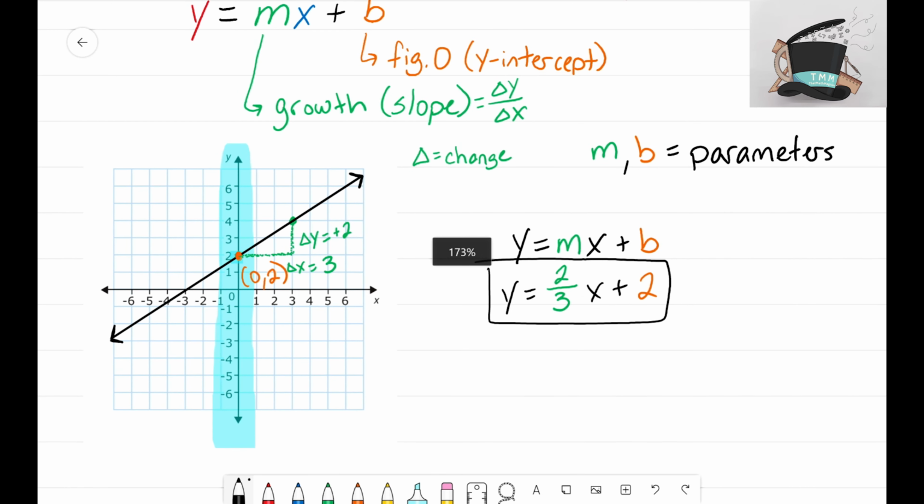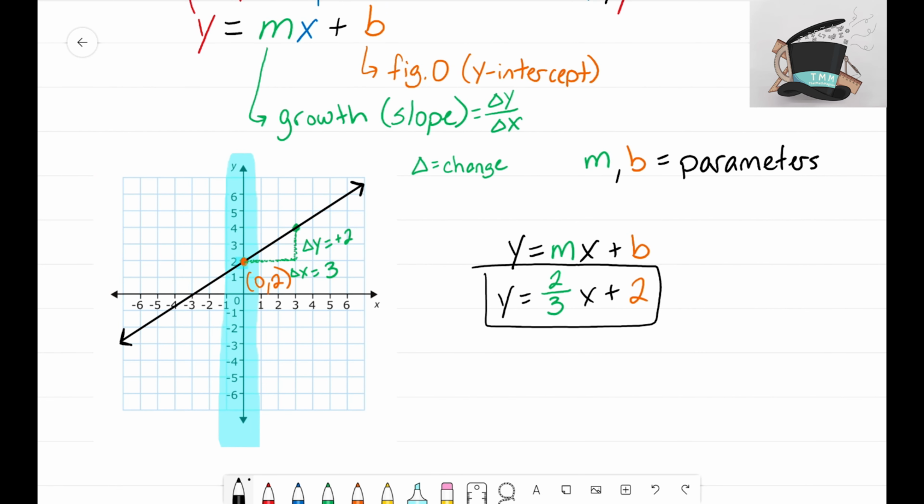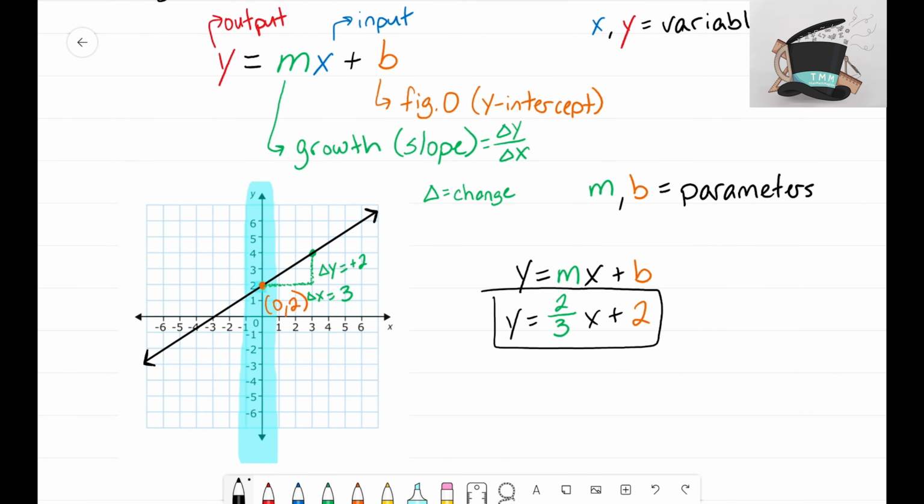And we can see that the equation for this line tells us that the y-intercept is at 2, and then to get to the next point, our slope says that we just need to go up 2 over 3, and we're at the next point. And this process will repeat.